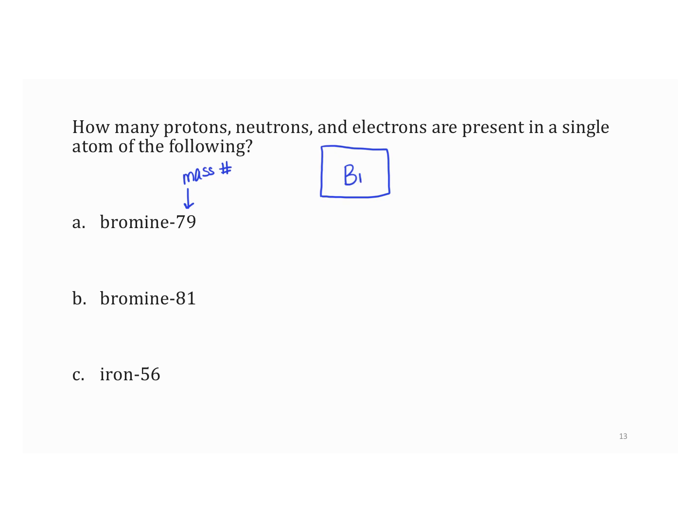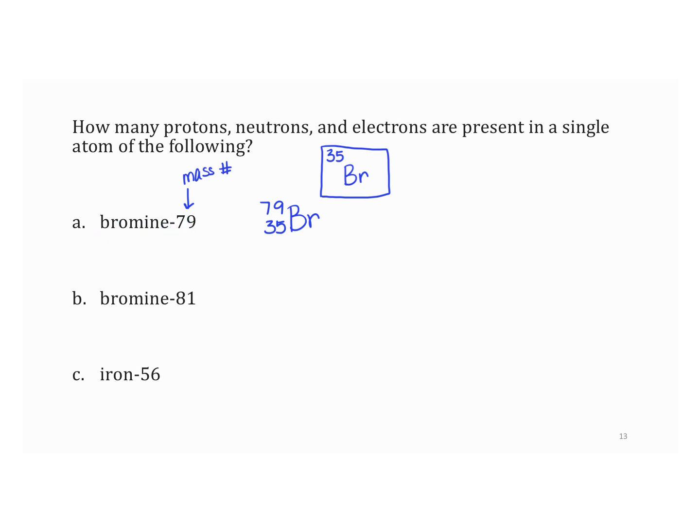So go to your periodic table right now, and when you look, bromine will be the 35th element, and that 35 is the atomic number. So if bromine 79 was written in that format, it would be 79, 35 bromine. That's how we would write it. This is just a synonym for this.